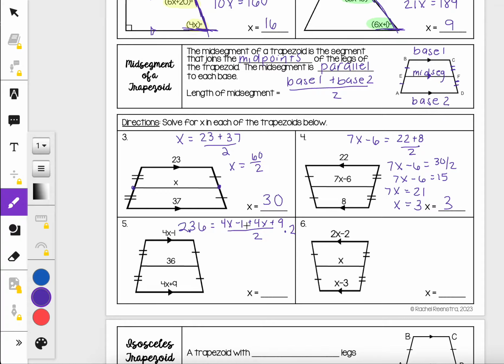Anytime I have a number in my denominator, I want to cancel that out by multiplying. So I'm going to have 72 equals. And then if I clean up the numerator in that same step, I'm going to get 8x plus 8. Solve for x, 64 equals 8x. So x equals 8.